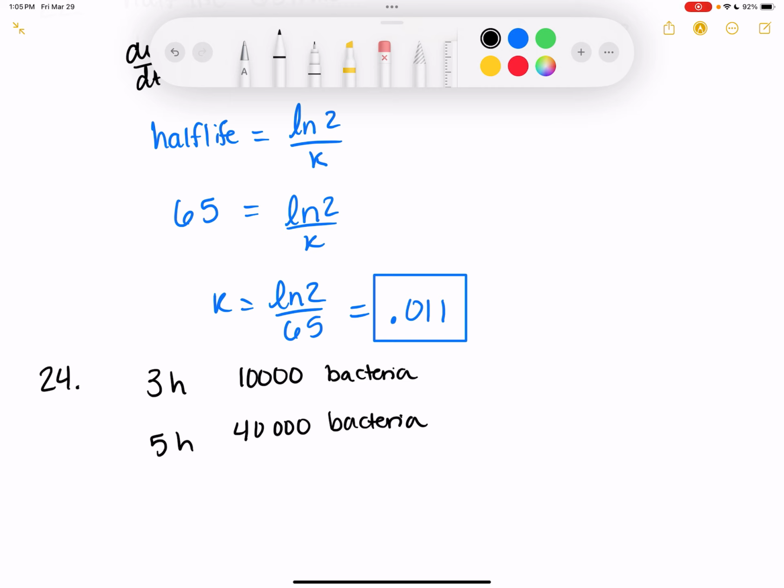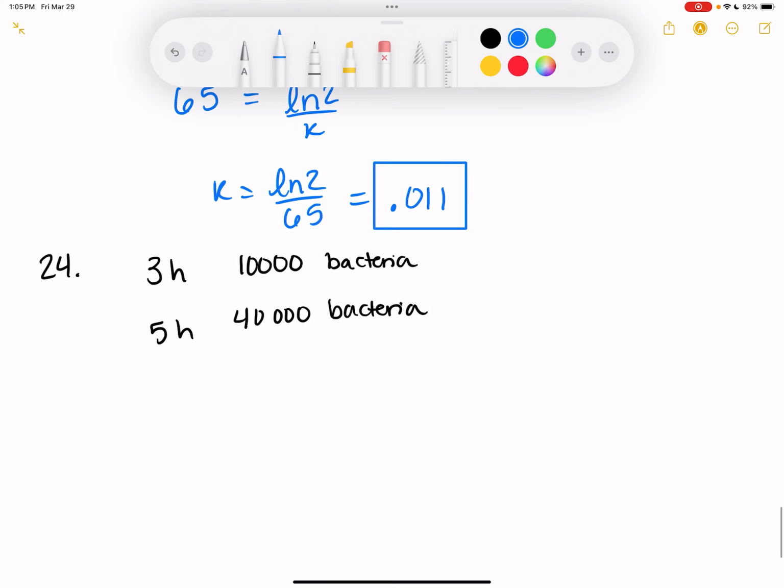So our formula for this is, does it say what our growth constant is? Okay, so our formula for this would be y is equal to y sub 0, which is just our initial amount, and then e raised to the kt.